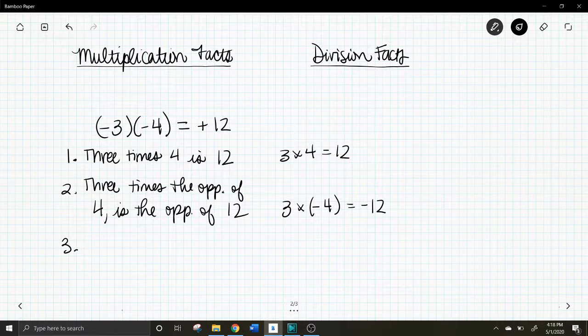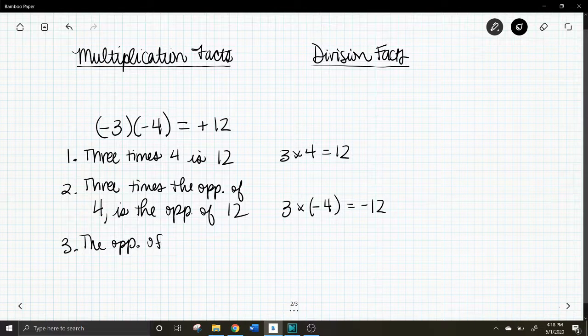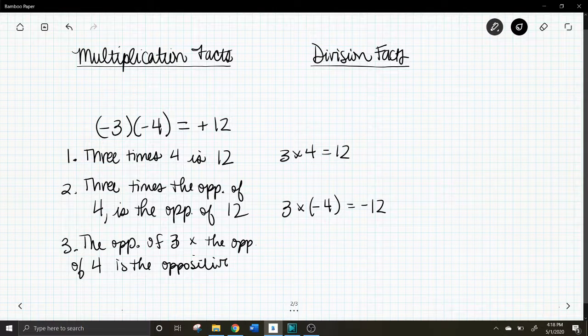This is really wordy, so I'm going to write it out. The opposite of 3 times the opposite of 4 is the opposite of the opposite of 12.